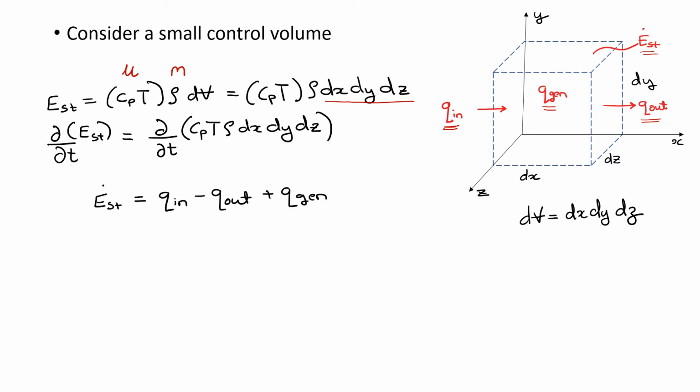So our energy balance for the system will be E dot st, the energy stored, equal to Q in minus Q out plus Q gen.